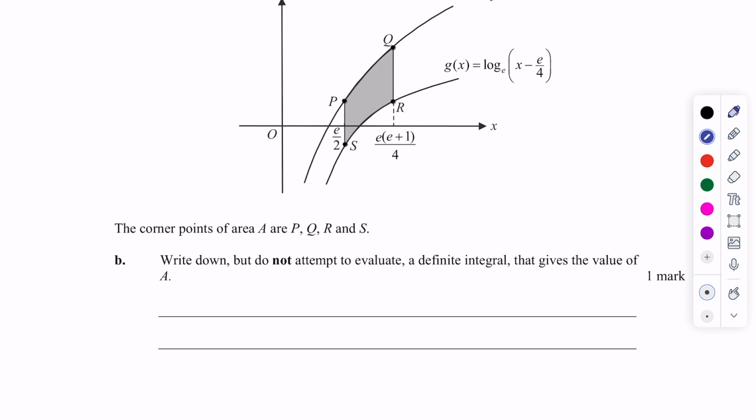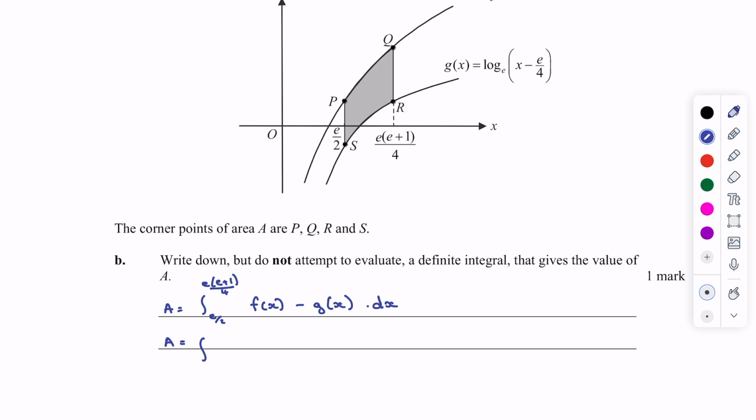So simply here, we're going to say that our area equals, we're going to put our lower and upper limits in. So we're going to say e on 2, and then e times (e plus 1) all on 4. And we're going to take the top curve, f(x) minus g(x), and we're integrating with respect to x.